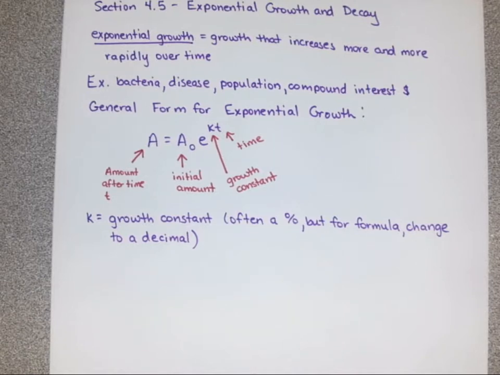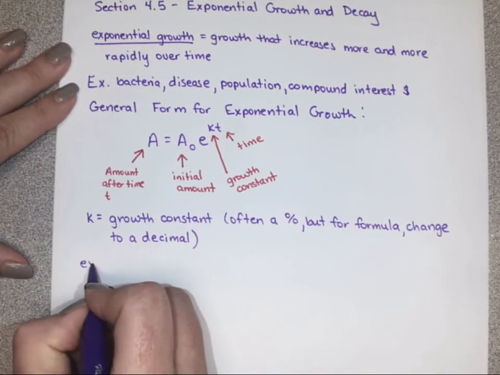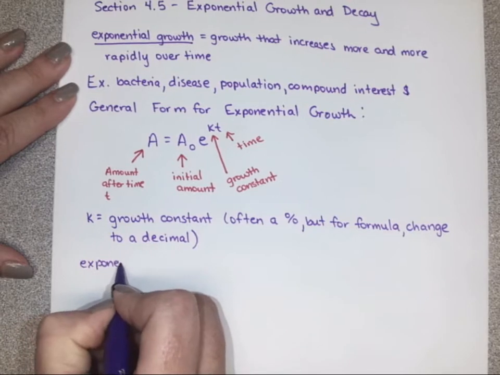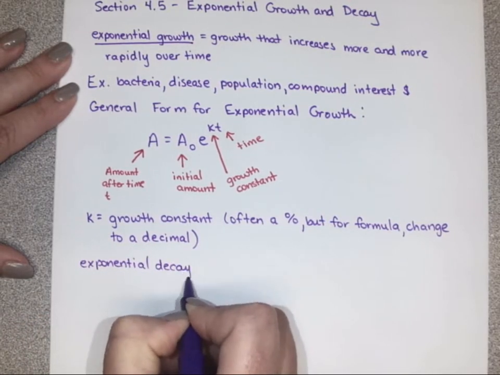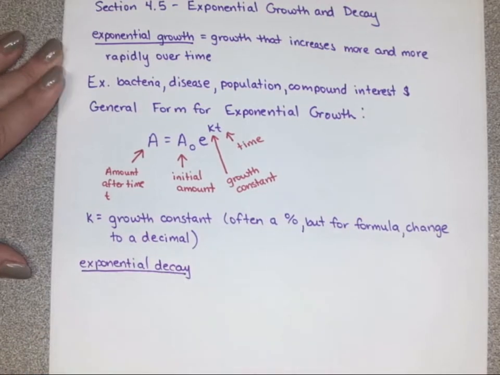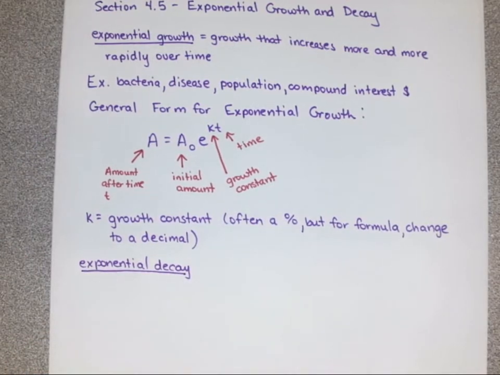So we're going to look at some exponential growth problems in a bit. But before we do, I want to also talk about exponential decay. Now, you probably don't have as much experience in your everyday life with things that exponentially decay.